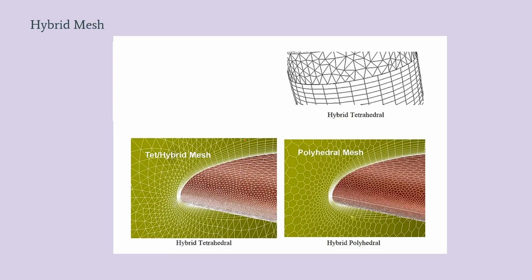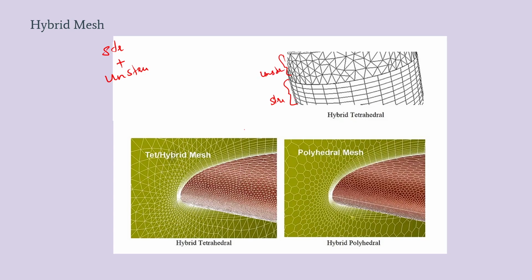Next one is hybrid mesh. Hybrid mesh is a combination of structured plus unstructured. If you see here, this was one geometry, but this much portion is meshed with structured mesh, but the top portion is meshed with unstructured mesh.